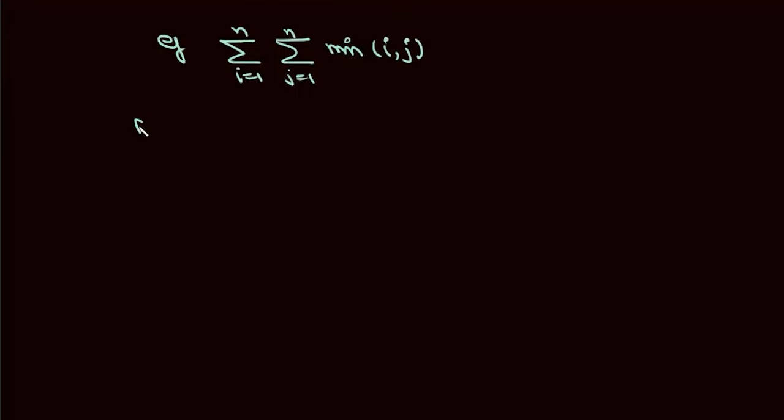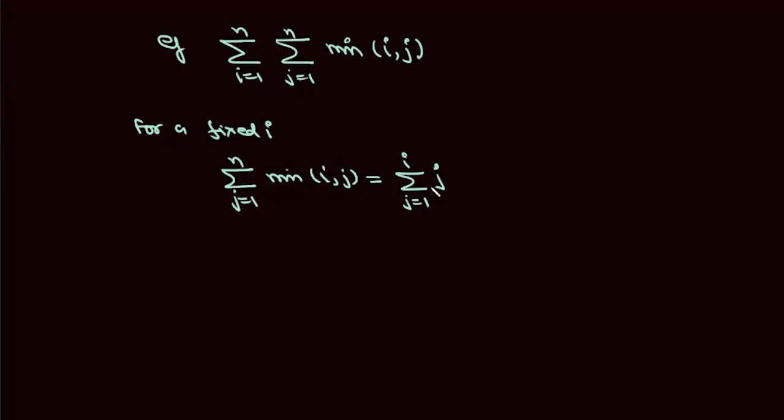Now what we'll assume is, for a fixed number i, we can write this summation j varies from 1 to n, minimum ij, it will be j when j varies from 1 to i, because in that case j will be minimum, and plus from i plus 1 to n, it'll be simply i.